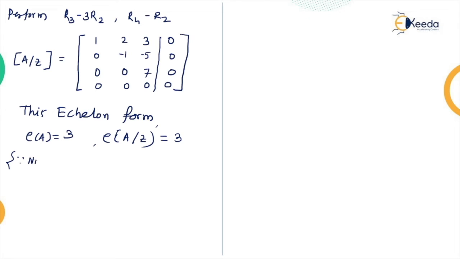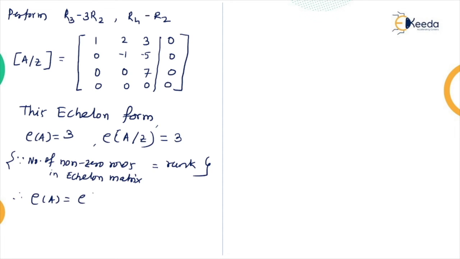Since the number of non-zero rows in the echelon form of the matrix is equal to the rank, the rank of matrix A is equal to the rank of the augmented matrix A Z, and that is equal to 3, and 3 is equal to the number of variables, or unknowns. That is, rank of A equals rank of A Z equals R equals N equals 3.